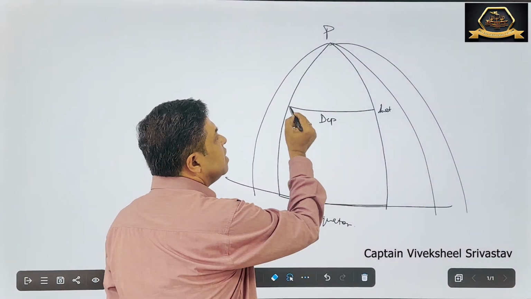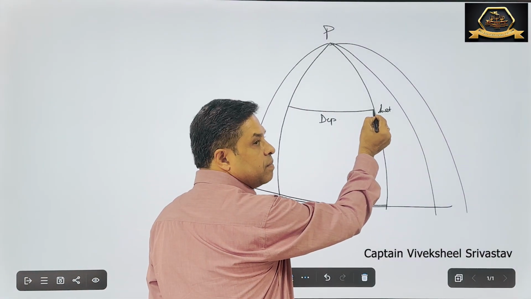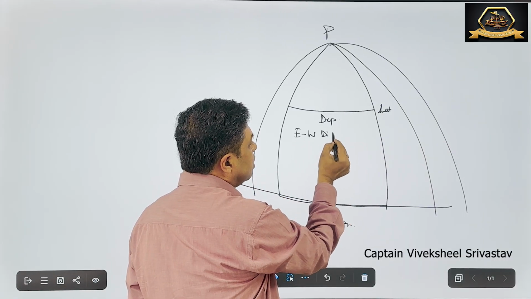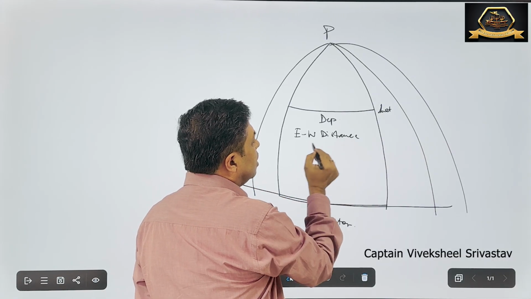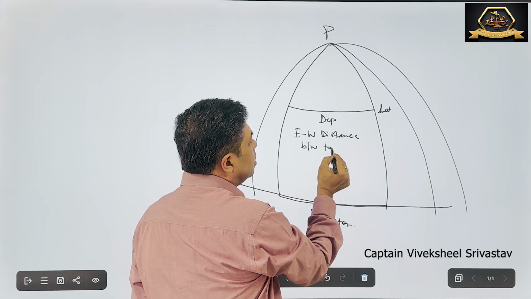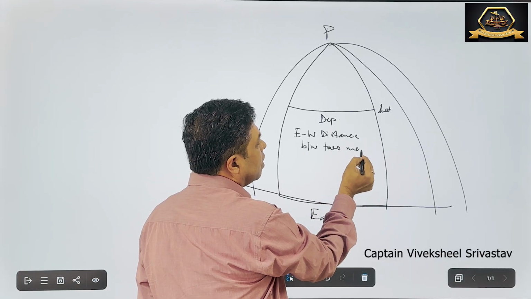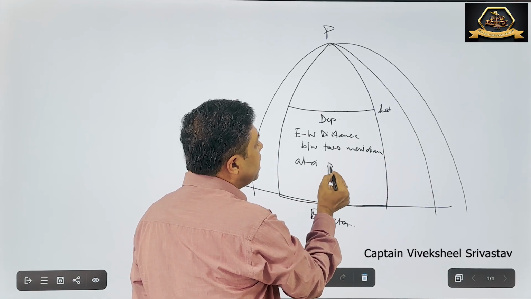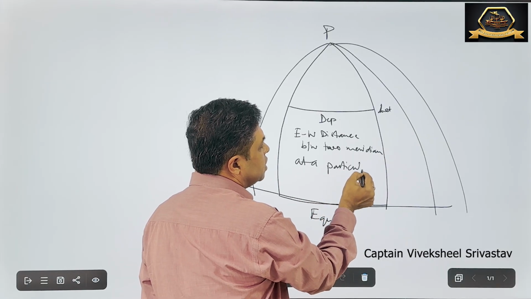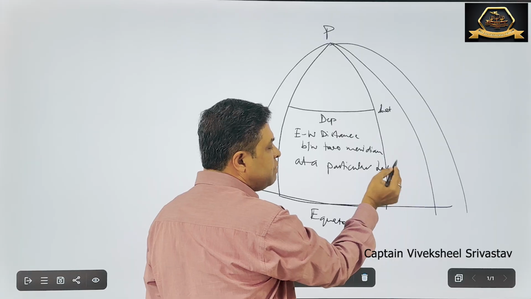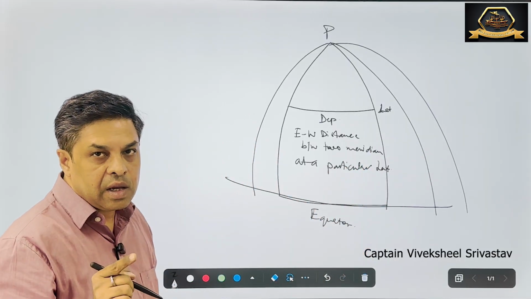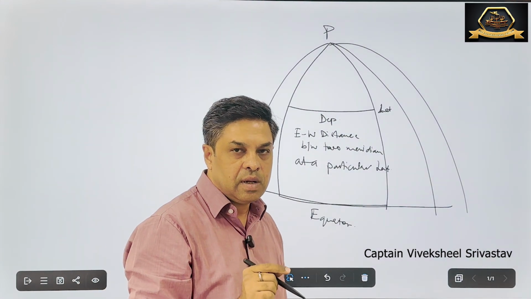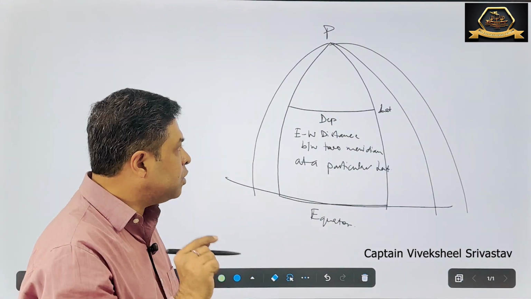Departure is the east-west distance between two meridians at a particular latitude. This is very important. At a particular latitude. So when we say departure, we mean departure at what latitude? Departure has to be for a certain latitude.